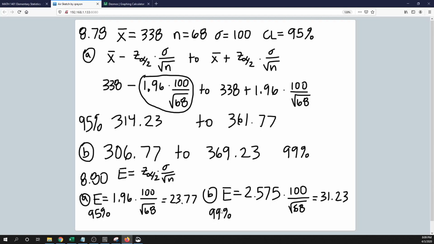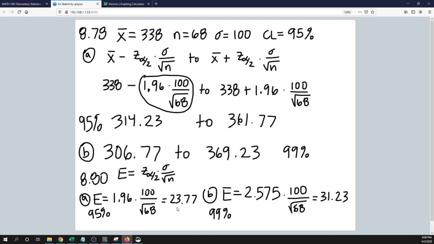So for a 99%, 31.23 was the margin of error. We dropped that down to 95% on the confidence level. You can see that the margin of error is now down to 23.77, okay? So dropping the confidence level is going to reduce the margin of error.